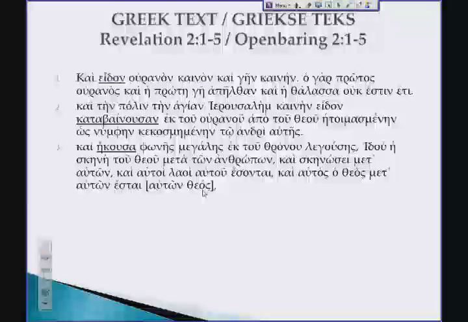Remember, the text we have here comes a long way, and there's a long history of editing and putting in other variations. Papyrus 96 will say this, and Papyrus 47 will say this.